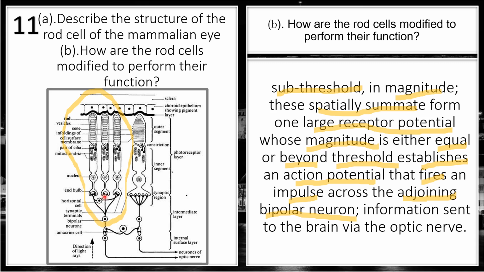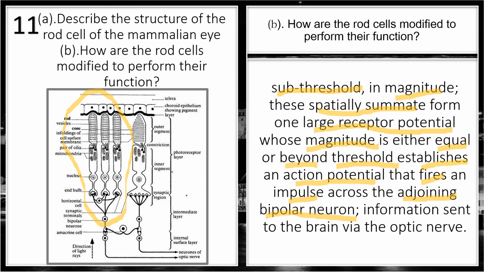Now, when they combine, the generator potential will either be equal to or beyond the threshold needed to establish an action potential that will fire the impulse across the bipolar neuron.